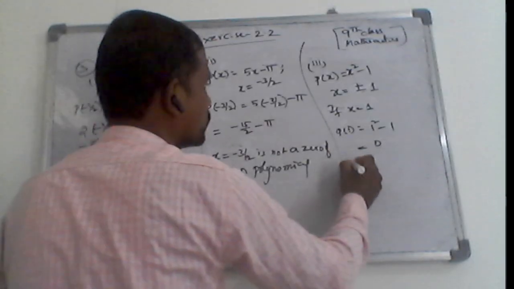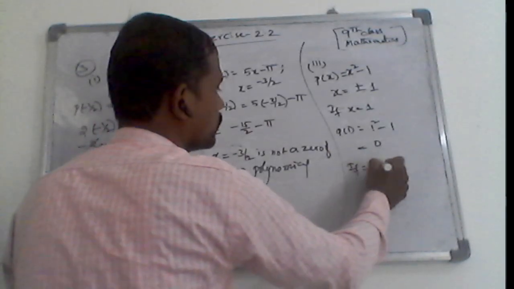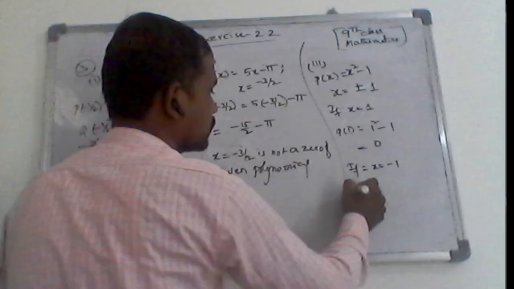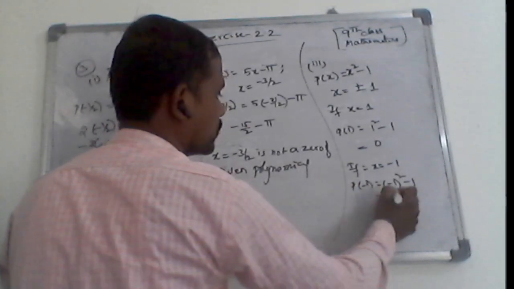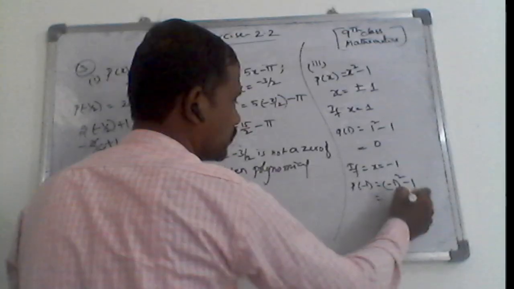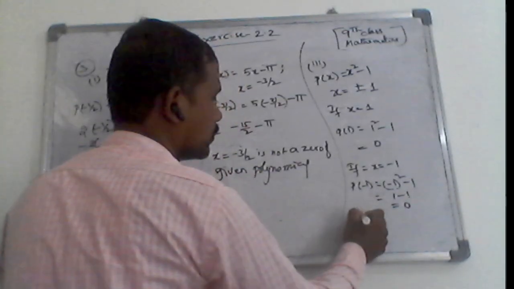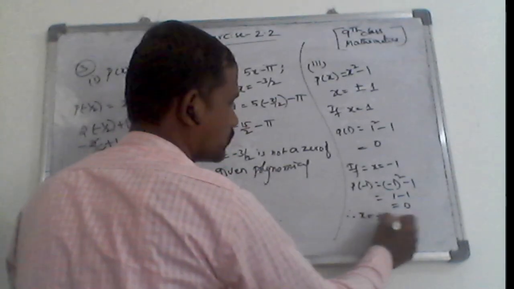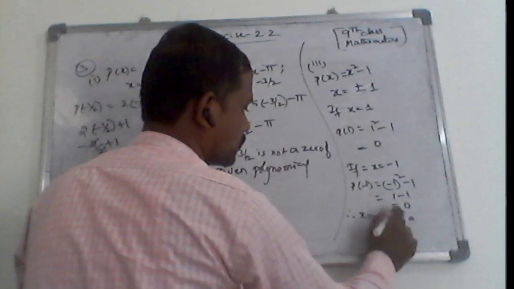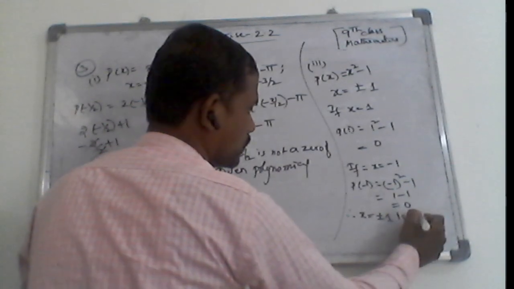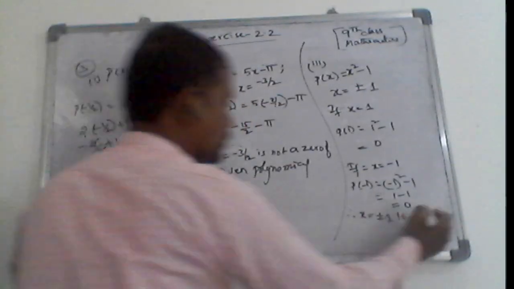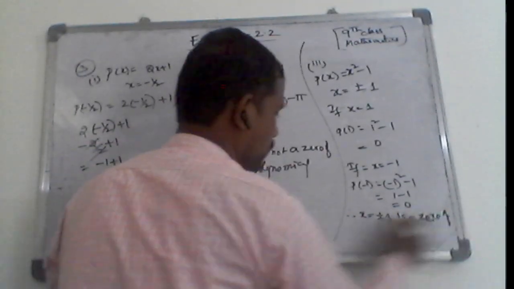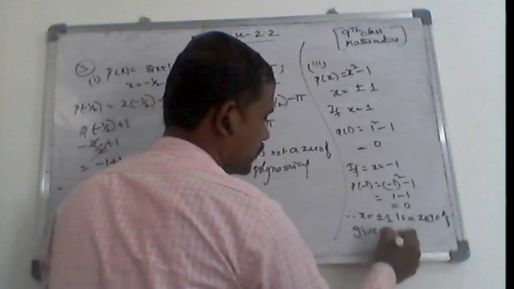Next one, if x equal to minus 1, P of minus 1 equal to minus 1 whole square minus 1. Minus 1 whole square is 1, 1 minus 1 is 0. Therefore, x equal to plus or minus 1 is a zero of the given polynomial.